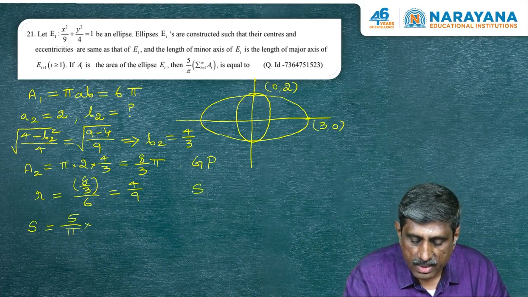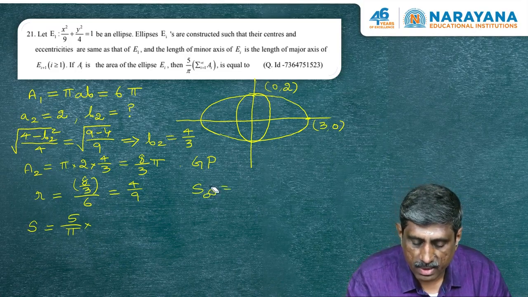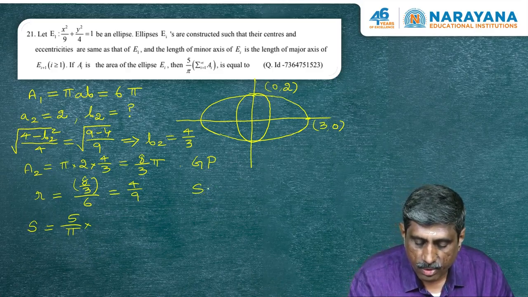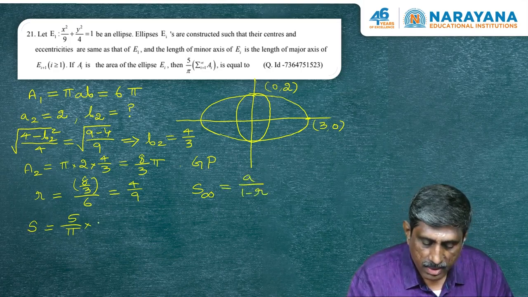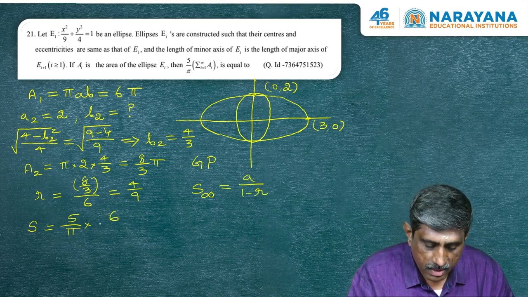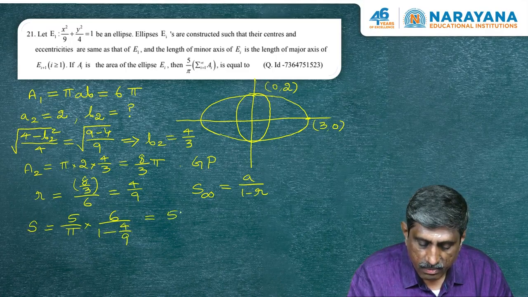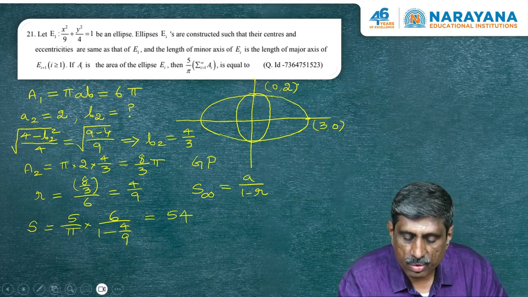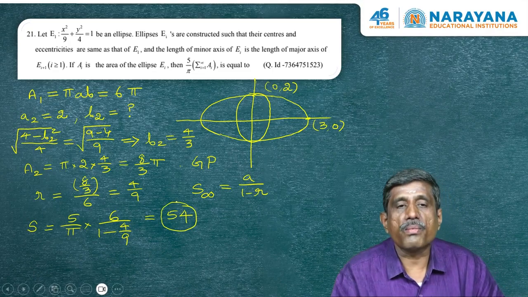When you apply S infinity formula, which is A by 1 minus R, which is nothing but A is 6 divided by 1 minus R is 1 minus 4 by 9, and when we simplify, which is 54. So, the answer for this integer question is 54.